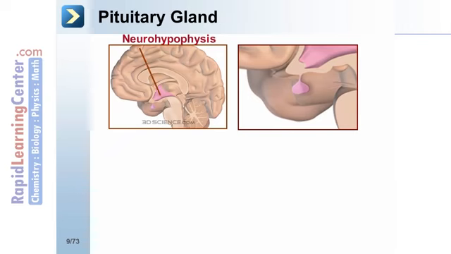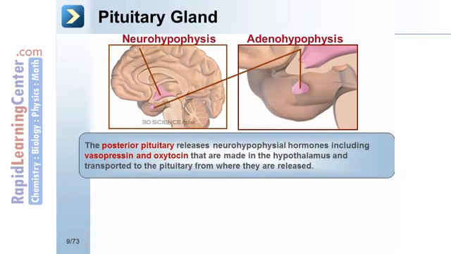The pituitary gland can be divided into the posterior and anterior segments, each of which carries out its own function. The posterior pituitary releases neurohypophysial hormones, including vasopressin and oxytocin, that are made in the hypothalamus and transported to the pituitary from where they are released.